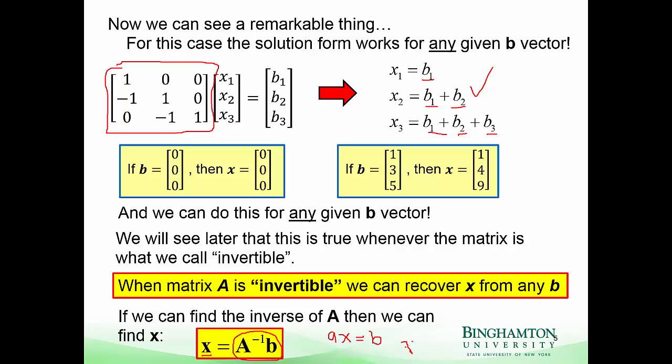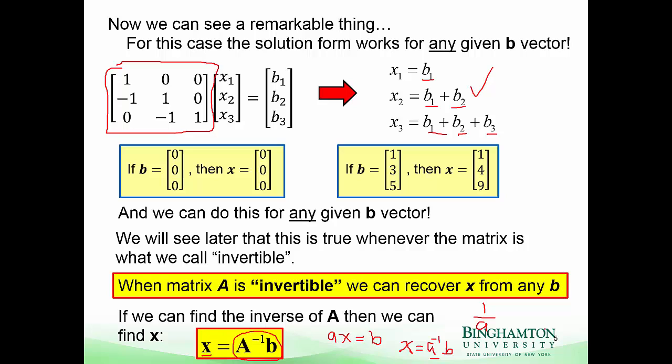So x is equal to A inverse times b, and this A inverse is really just 1 over A. In the number case, we can write it as that reciprocal, or fraction, 1 over A. In the matrix case, we can't really do that because that idea is not well defined.